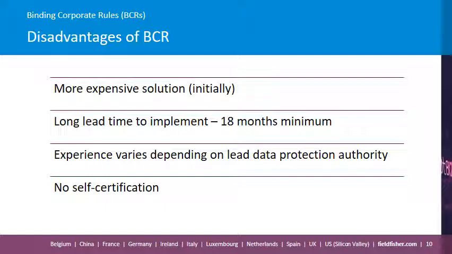It can also take quite a while to implement, so certainly at the moment what we're seeing is that there's probably an 18-month minimum turnaround time period to get your binding corporate rules in place. And there can be quite a lot of variance in terms of your experience of getting your BCR in place, depending on which lead data protection authority you might be using. And the authorities themselves, some have more experience than others.